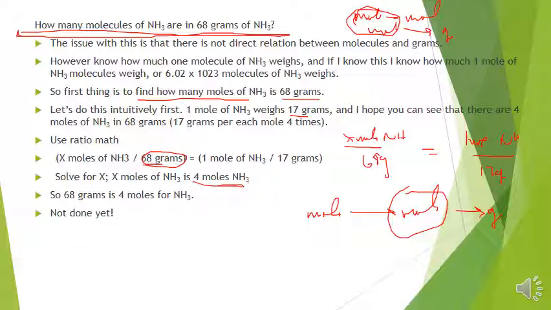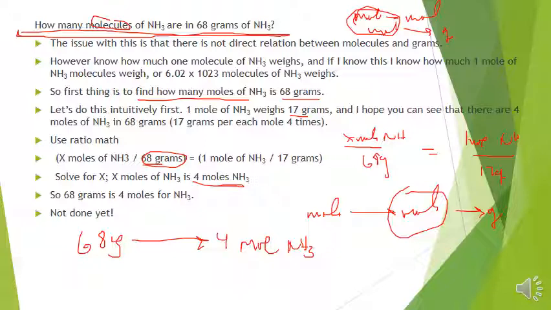So if I have 68 grams, it is 4 moles of ammonia. That still hasn't answered the question. It doesn't tell me how many molecules I have. But because I know the relationship between moles and molecules, I can figure that number out.